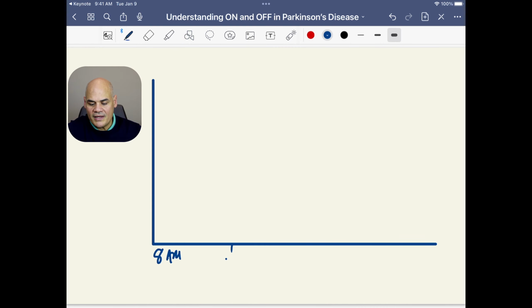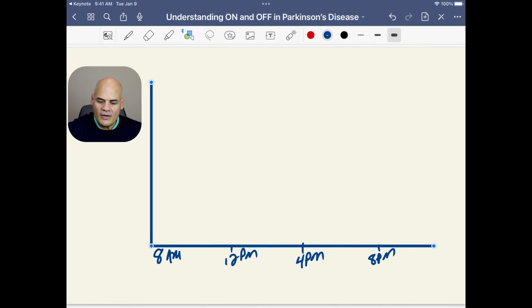I have my 12 p.m. I have my 4 p.m. And then I have my 8 p.m. Okay. Now, this is what is happening, that as Parkinson disease is advancing, that therapeutic window becomes smaller, begins to narrow. Let me show you how that looks, right? So now, for that particular patient, this is what is going to happen.